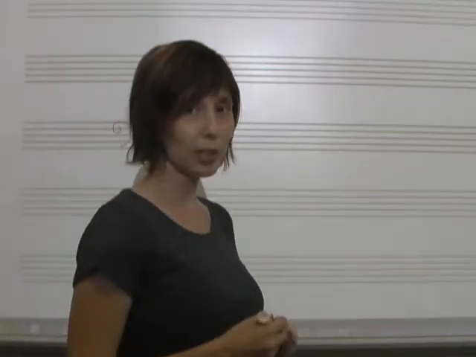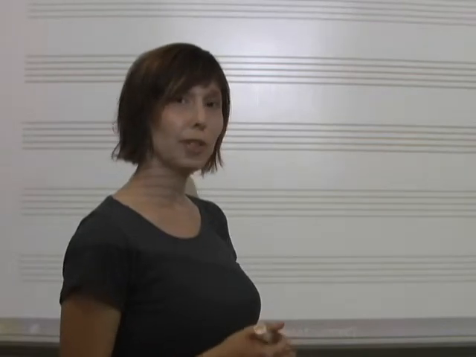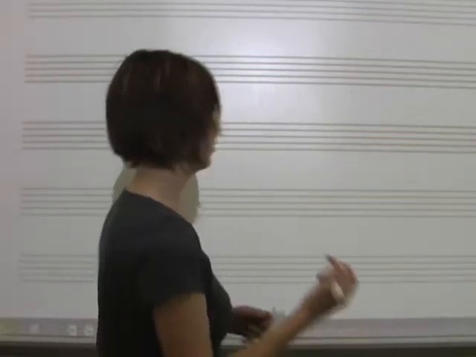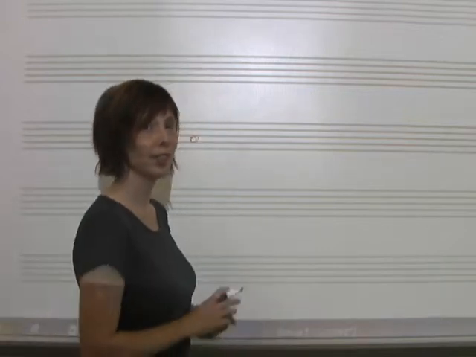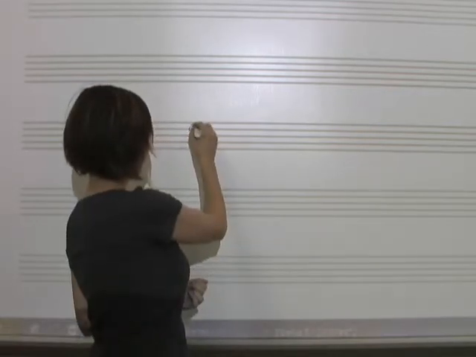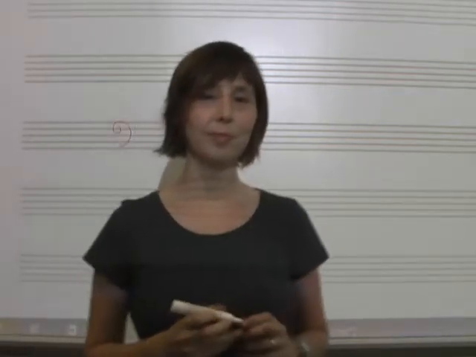Let's try another one. Let's do a perfect fourth above C. Well, hopefully you remember that C major doesn't have any sharps or flats. So what would a fourth above C be? F. Very good.